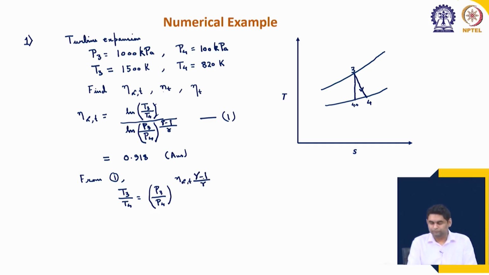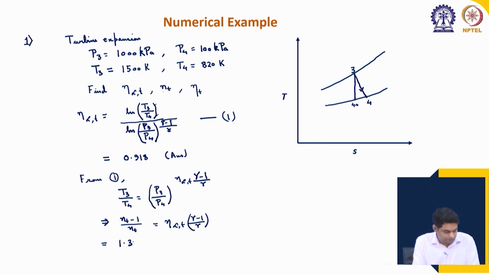Okay. So, we had defined the polytropic exponent as (n_t minus 1)/n_t is equal to eta infinity t times (gamma minus 1)/gamma. From here we can substitute, we know the value of eta infinity t is 0.918, gamma value we know. So, we can get the value of n_t, and it comes out to be equal to 1.356.